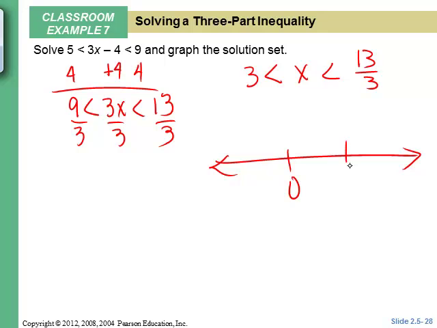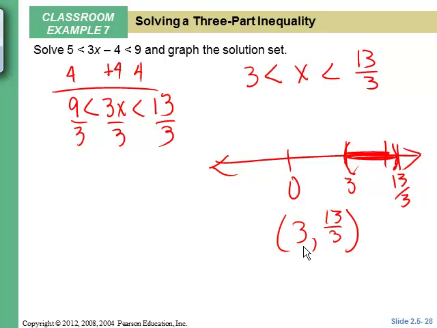Here's 0, here's 3, here's 4, 13 thirds is right here, and it's between these two. Parentheses 3, comma, 13 thirds, close parentheses.